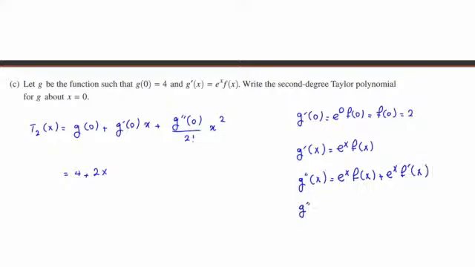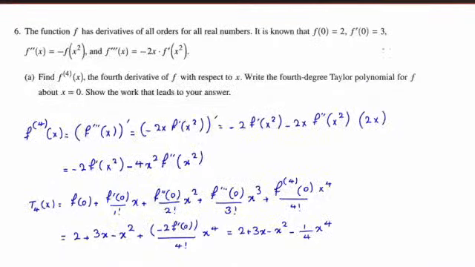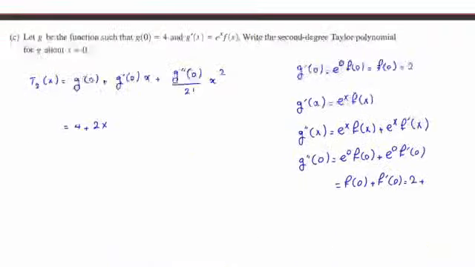And we want to find g double prime of 0. It will be e to the 0 f of 0 plus e to the 0 f prime of 0. e to the 0 is 1, so it will be f of 0 plus f prime of 0. f of 0 is 2, and f prime of 0, from the assumption of the problem, is 3. So it will be 2 plus 3 equal to 5. So we can replace 5. It will be 5 over 2 x squared.